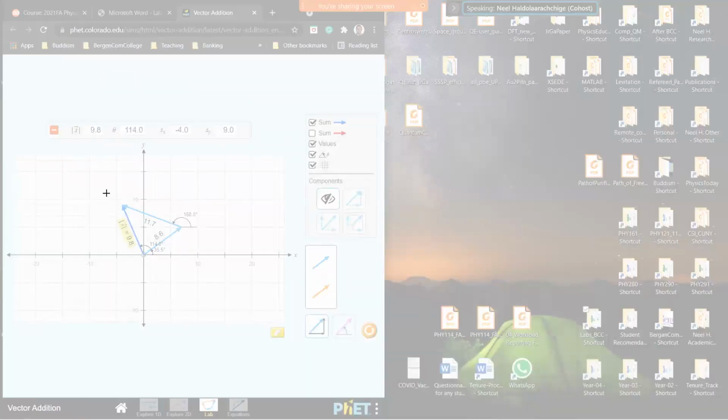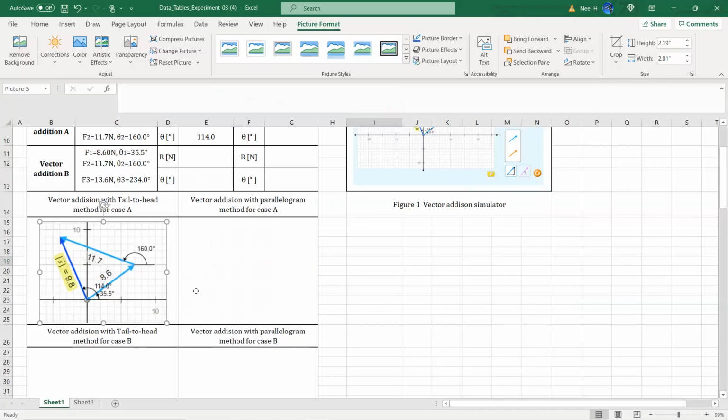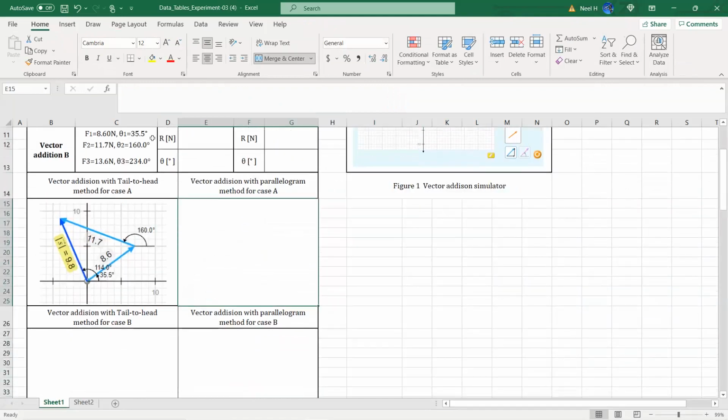We'll take only this part. That is actually part of the data and should not go to the procedure section. That should stay in the data section. So just under the table, when you copy paste the table into your Word file, you have to copy paste these pictures just under Table 1. Okay. All right, guys. Question.